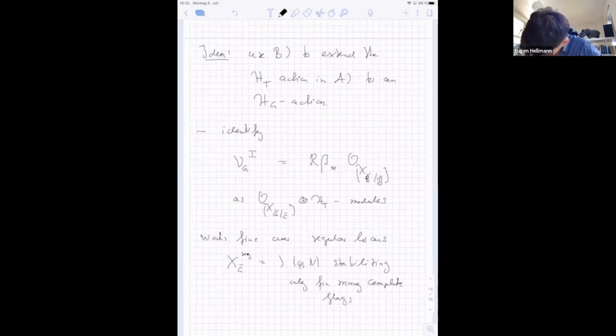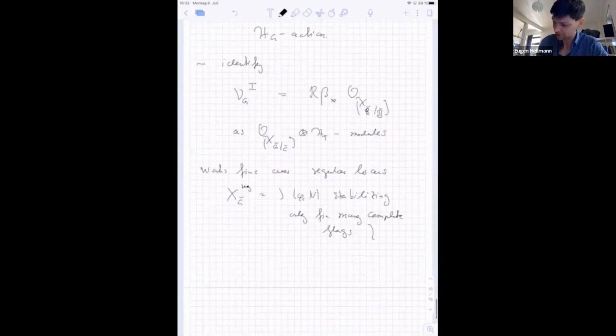So in particular, if phi is regular semi-simple, you are always in the regular locus. Okay, so this is in fact the definition of the regular locus.